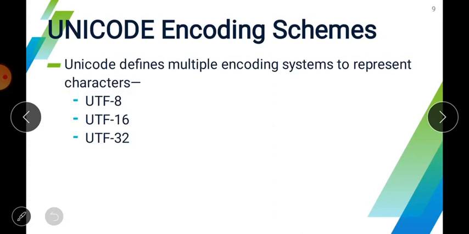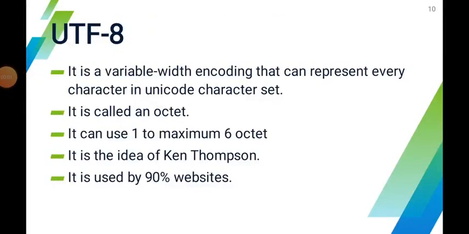The full form of UTF is Unicode Transformation Format. Now the first is UTF-8. It is a variable width encoding that can represent every character in the Unicode character set, meaning it does not have fixed width encoding. For each character, it encodes in a variable width, in units called octets, meaning a set of 8 bits.